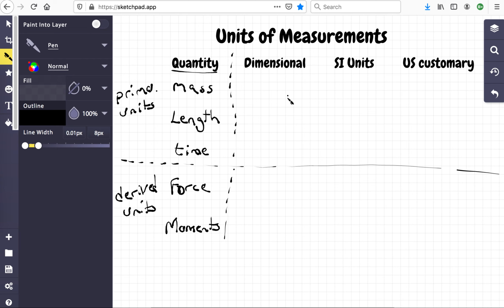So the way we would write that in statics is we would say m is for mass. That's how we would describe it as we were writing our equations. Length, sometimes it's L. Most of the time it's L. In this book, sometimes it's a lowercase l.